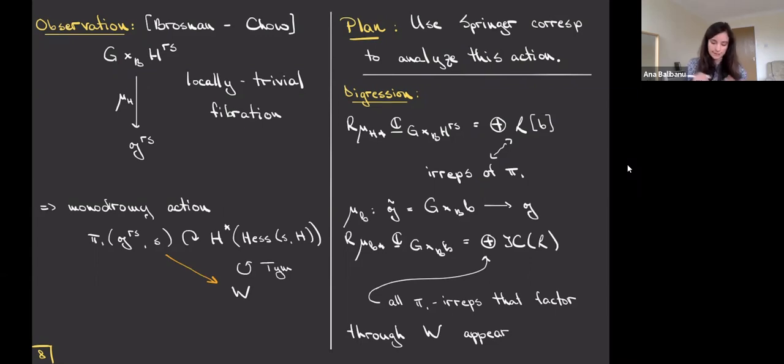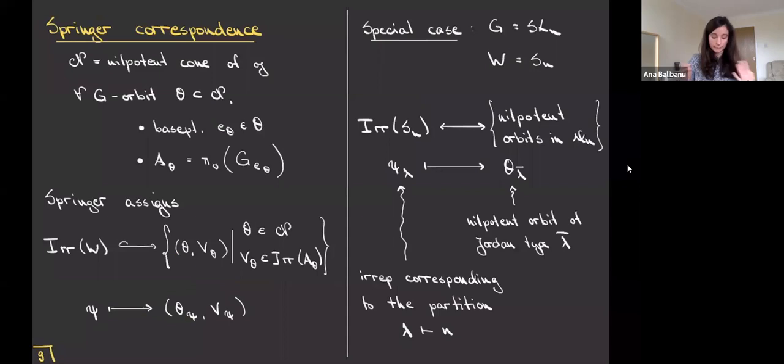And then this lets us apply the tools of Springer theory to try to describe which W representations appear in this cohomology ring. So I'm going to skip over the right-hand side of this slide, and maybe talk more about perverse sheaves generally in the breakout room.